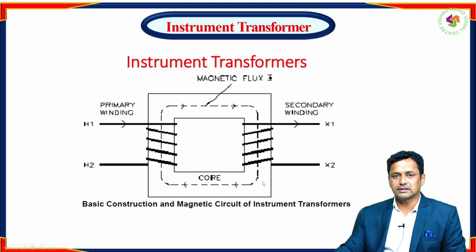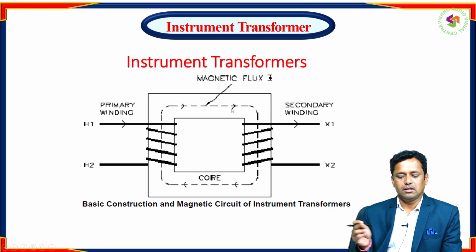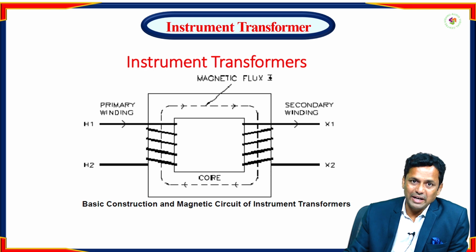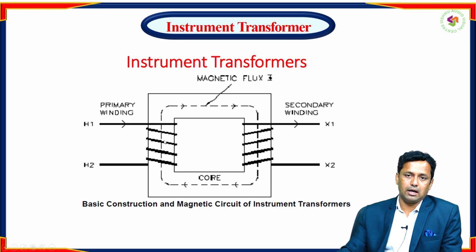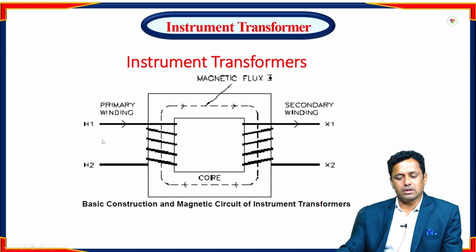Now the basic structure of the transformer. The circle in the diagram is called the core, and the winding is made of copper wires. The core is an iron core. Whenever you give the supply to the primary side, the current passes through the copper winding.